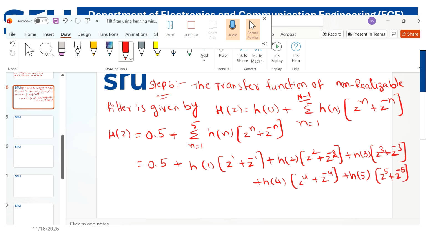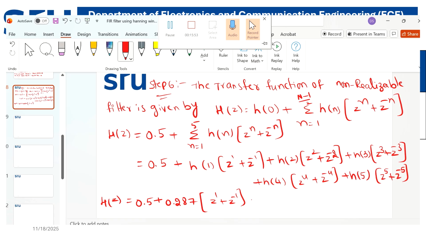Now we have the h of z after substituting all the coefficient values h of 1 to h of 5: 0.5 plus h of 1 value is 0.287, z power 1 plus z power minus 1, then the h of 2 value is 0, as well as h of 4 and h of 5 values are zeros.